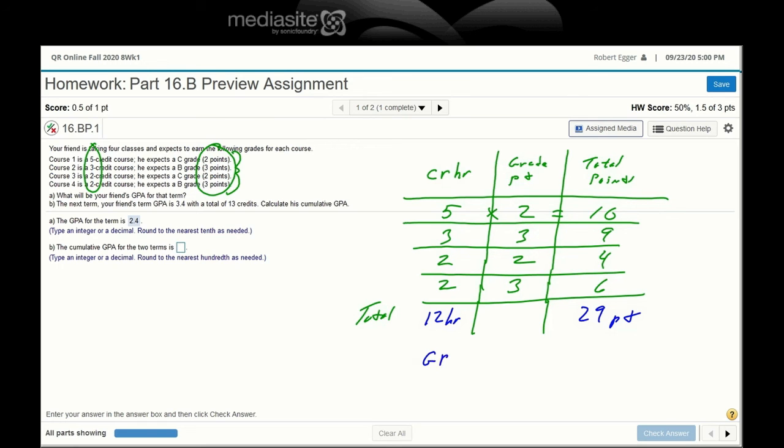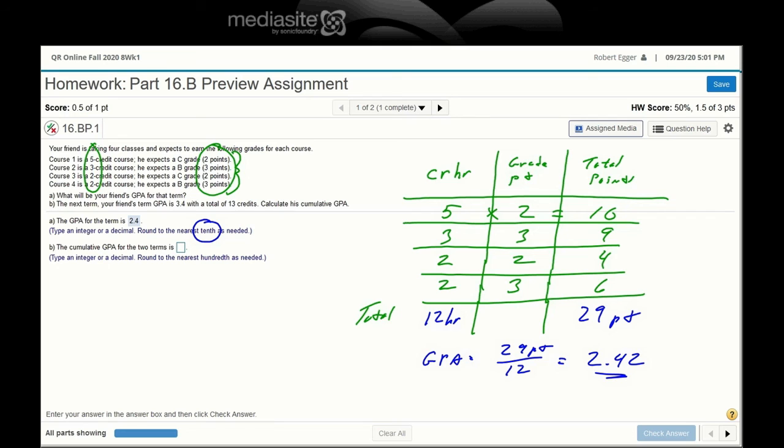So my GPA would be those 29 points over 12 credit hours, or 2.42 grade. The only error I had in doing this was I initially entered 2.42 and it came back wrong because I didn't read that well enough. So I figured out the math right, but got the answer wrong because I put in too many decimal places. I made it too good.